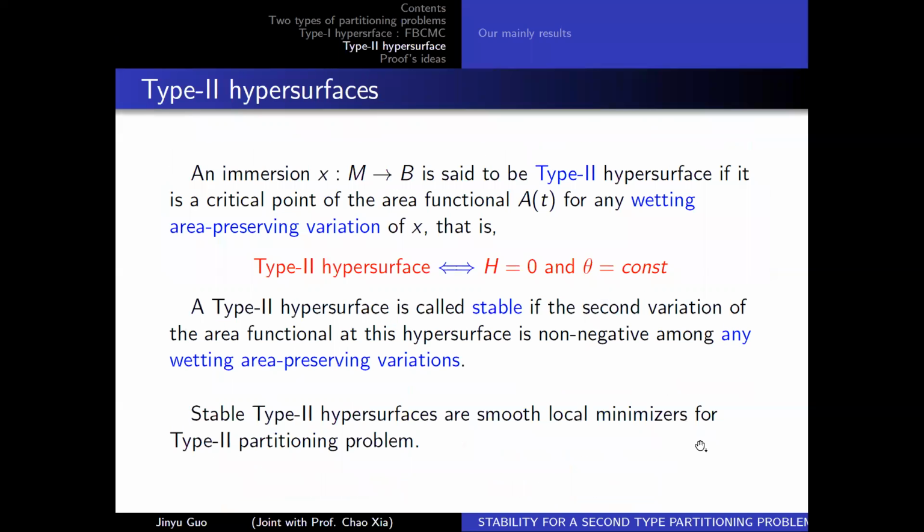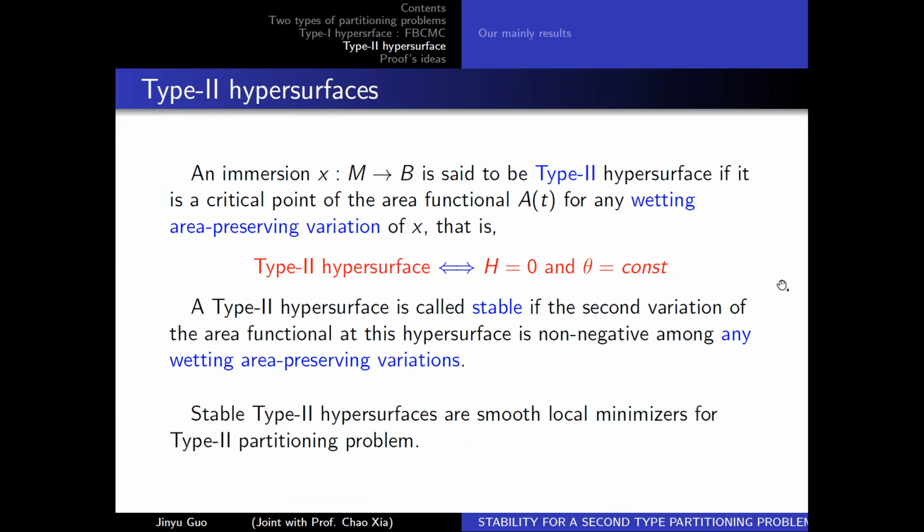Now we introduce type 2 hypersurface. An immersion X from M to B is called a type 2 hypersurface if it is a critical point of the area functional for wetting area fixed. That is, type 2 hypersurface means M is minimal and the contact angle is constant.